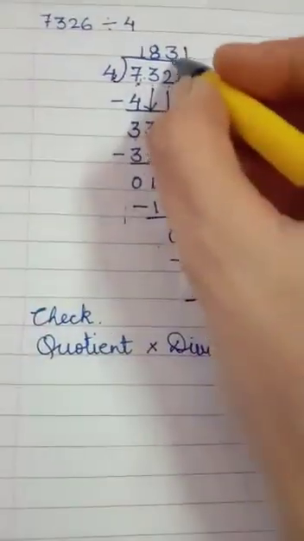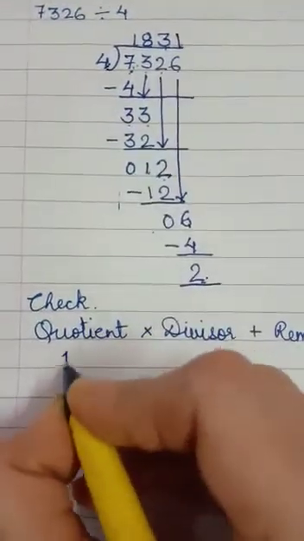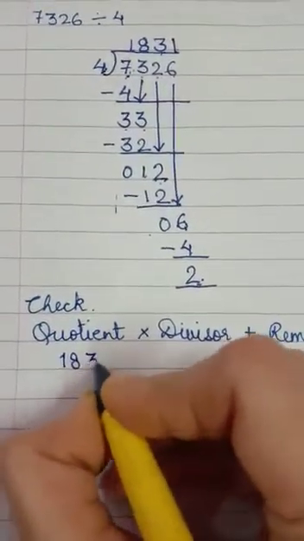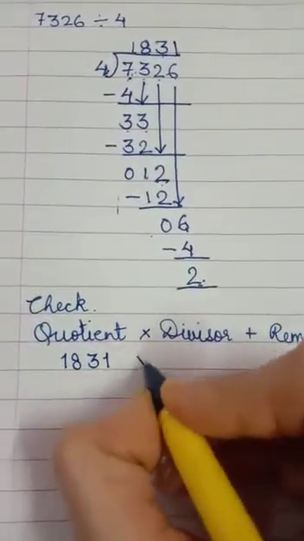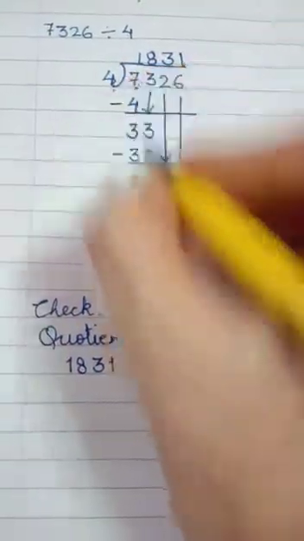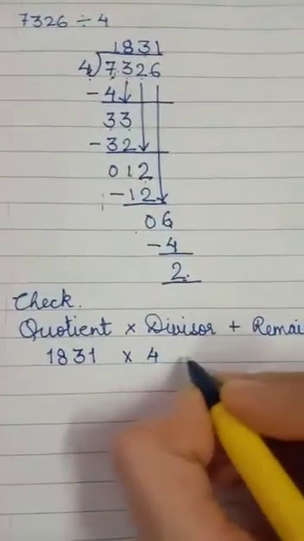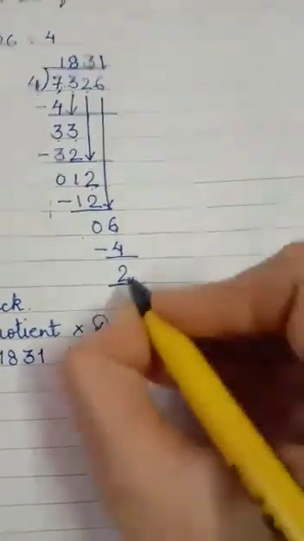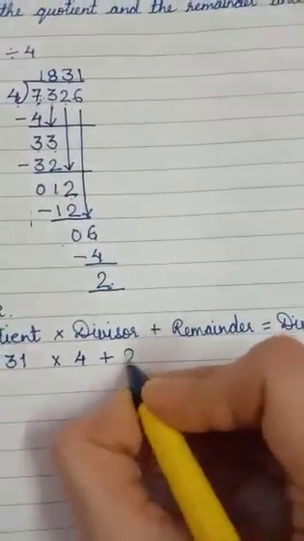Here the quotient is 1831, multiplied by divisor, here it is 4, plus remainder, here it is 2.